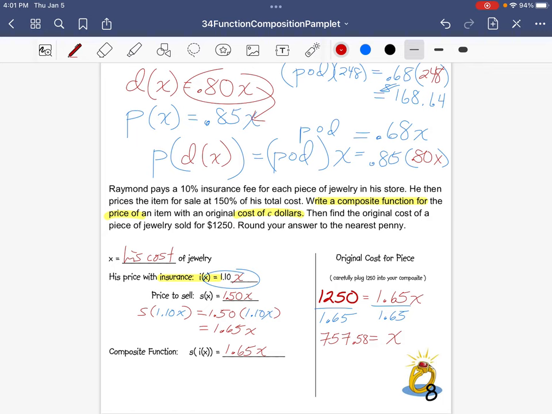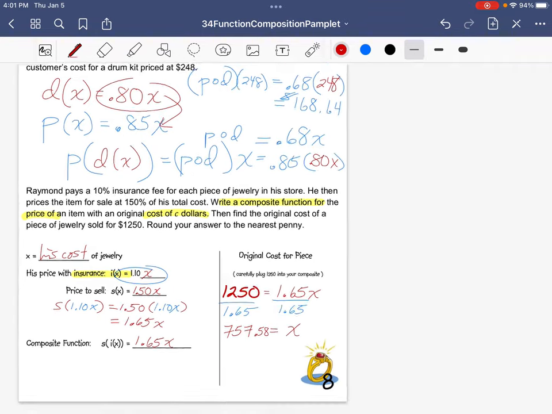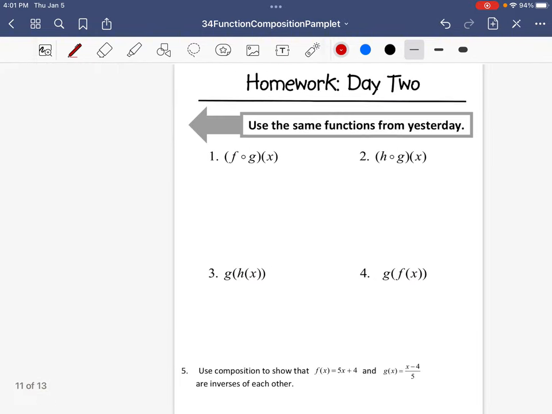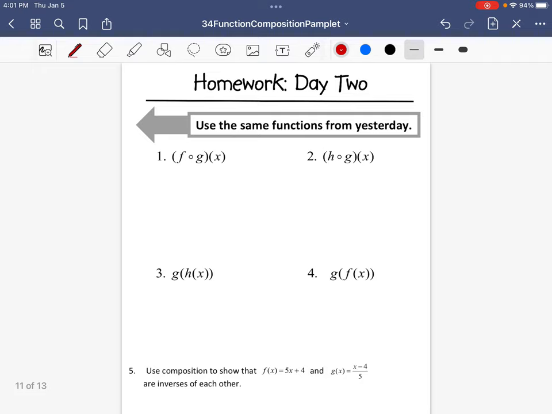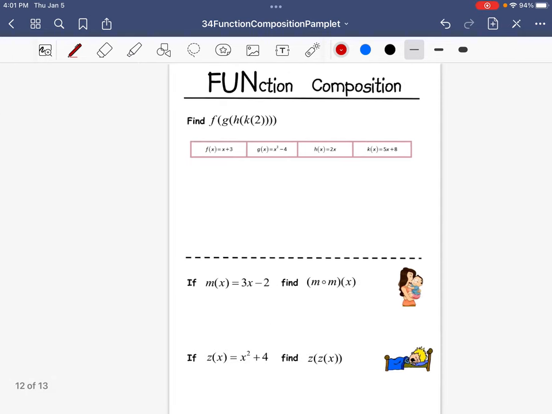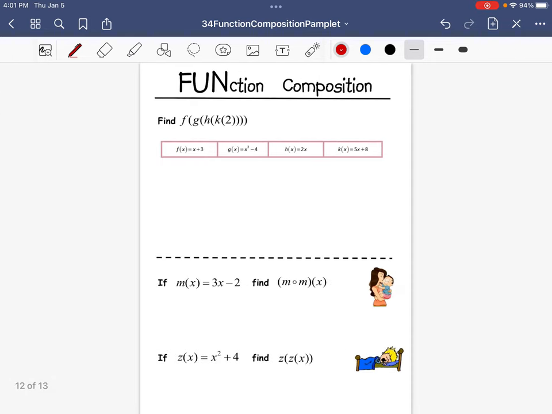All right, you'll get a chance to do one of those in a little practice activity tomorrow. For tonight, we want you to do the homework that goes with day 2. So flip over a couple pages. You got your day 2 homework and the rest of the pamphlet.